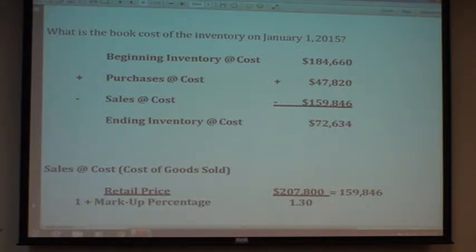I'll make it pretty simple. Sales are $125,000. And then the markup is 25%. What's your ending inventory gonna be?